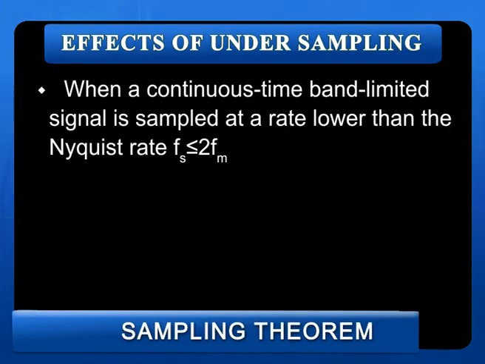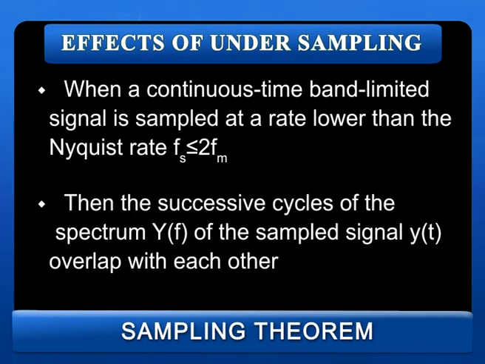When a continuous time band limited signal is sampled at a rate lower than the Nyquist rate, that is fs less than or equal to 2fm, then the successive cycles of the spectrum Y of f, of the sampled signal y of t, overlap with each other. You have seen earlier that whenever the sampling is done at a rate less than 2fm, then in the spectrum Y of f of the sampled y of t, there will be an overlap.